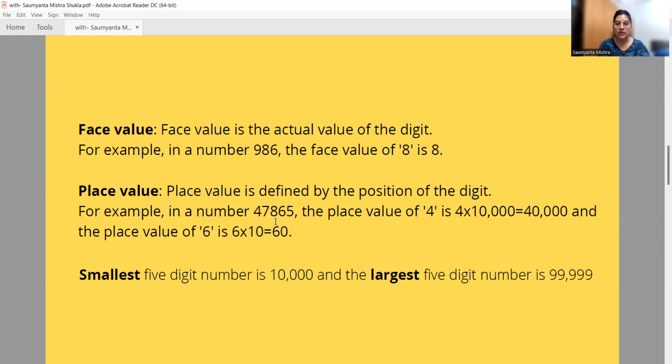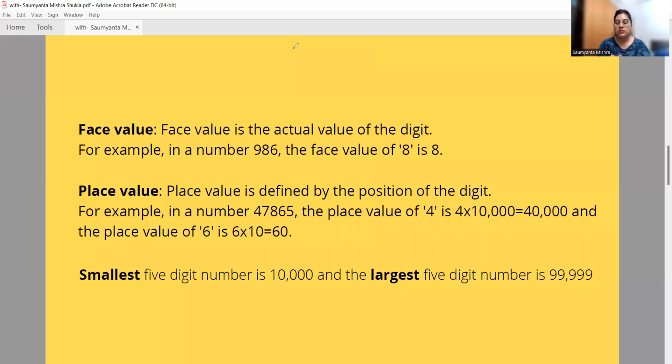In this number 47,865, the place of 7 comes under thousands place. So the place value of 7 will be 7,000. 4 comes under 10,000 place. So the place value of 4 will be 40,000. Similarly, we can define the place value for any of the digits in the number.